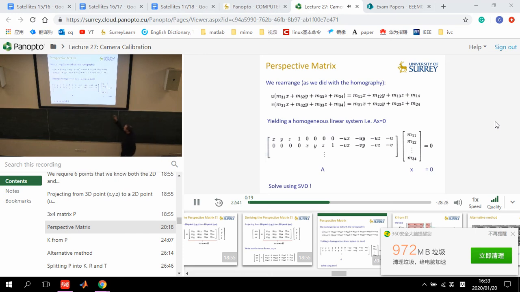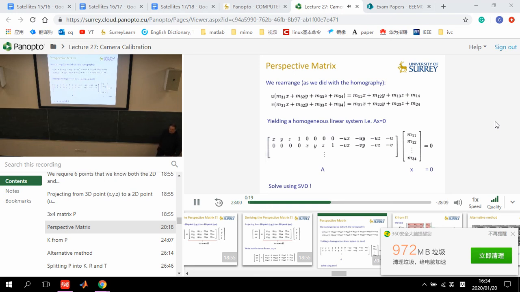Okay, and we're going to replicate those two rows 6 times, so we have 12 rows in the design matrix, for each of those pairs of corresponding points from 3D to 2D. So we need 6 of them to get enough to solve our linear system.